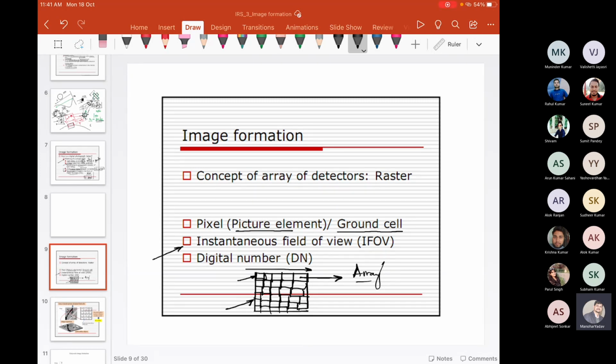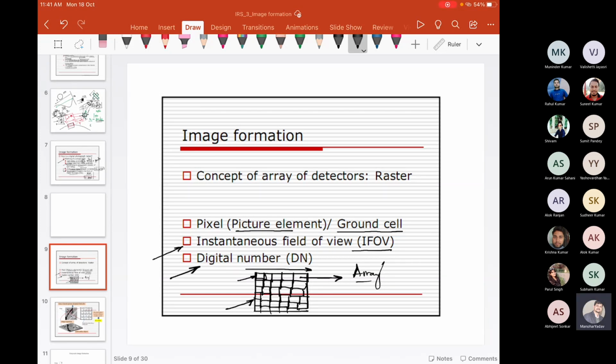We call it instantaneous field of view, IFOV. In the next slide, through a pictorial representation, I will show you how we define IFOV. Then, as I said before, the array is comprised of digital numbers which are arranged in a row.